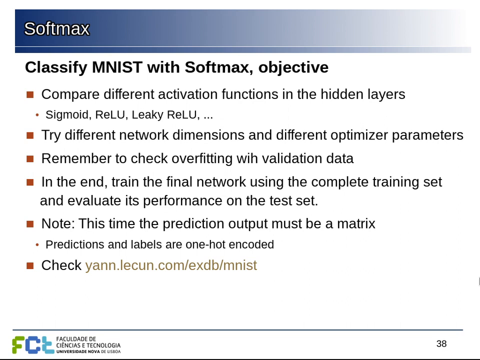So basically, you're going to create a network that inputs the images as vectors of pixel values and outputs the probability distribution of the 10 classes here.